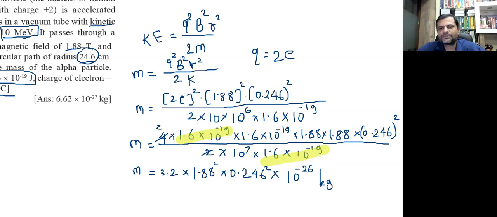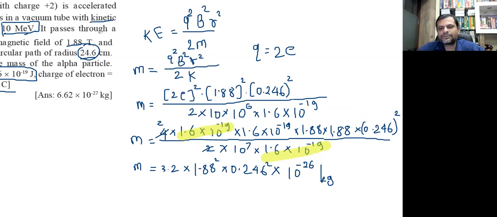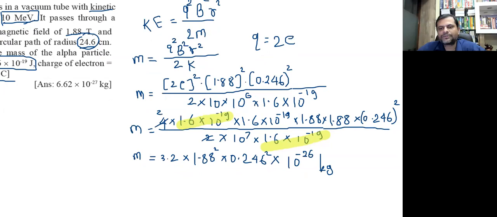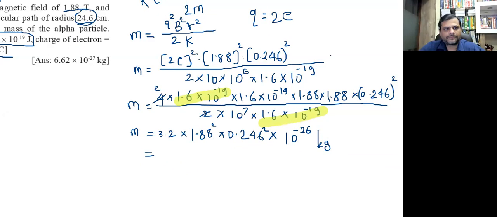Yeah, so just work this out. ये फटाफट कैलकुलेट करो कितना। Okay, just work this out. 1.88 multiplied with 1.88 again.